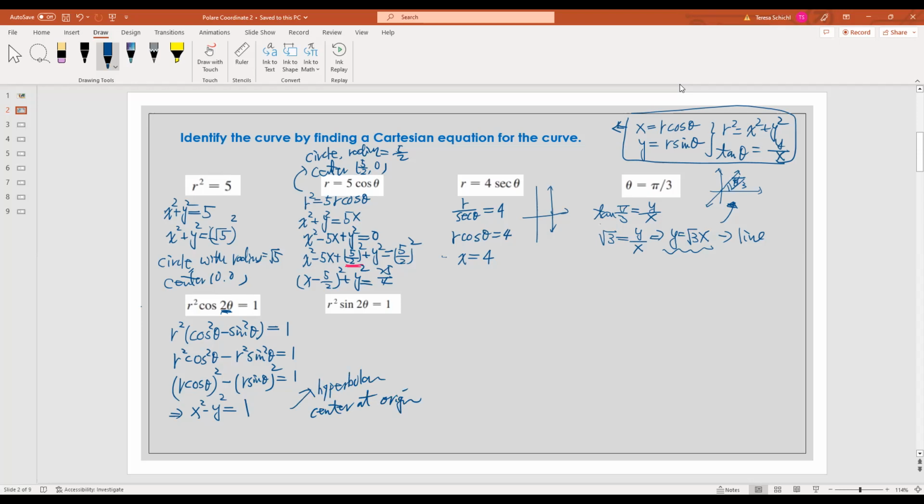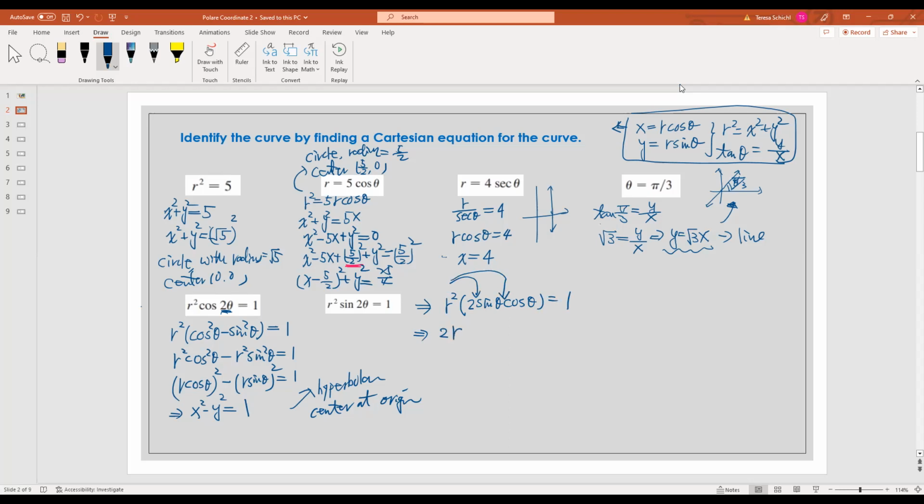Okay, so now let's take a look at the last one here. This is r squared sine 2 theta equals 1. What can I do? I can use the double angle again. Sine 2 theta gives me 2 sine theta cosine theta. So I will put one r here and another r here.